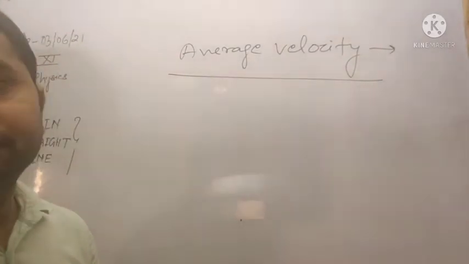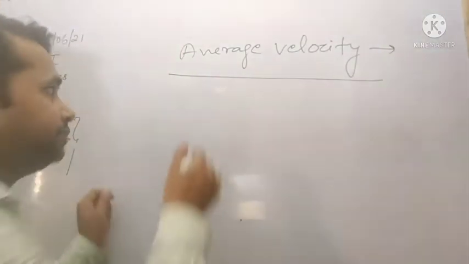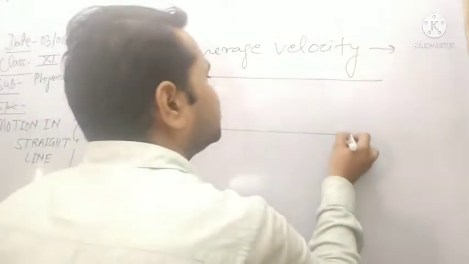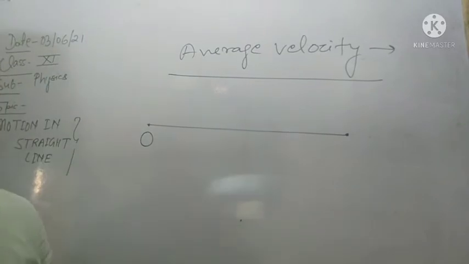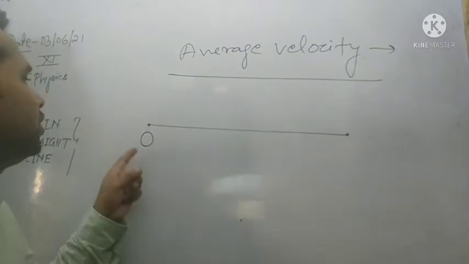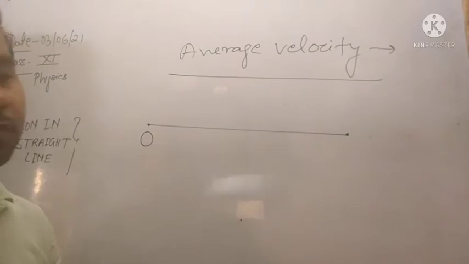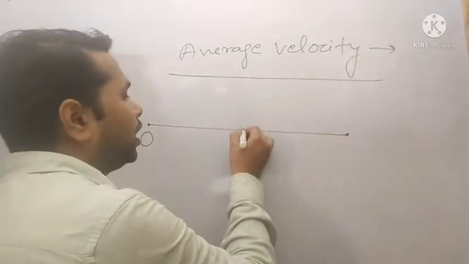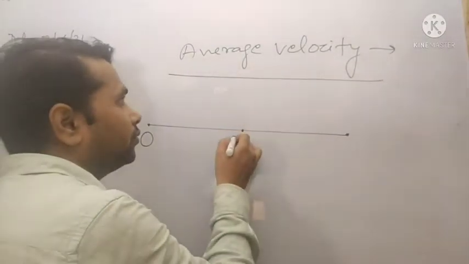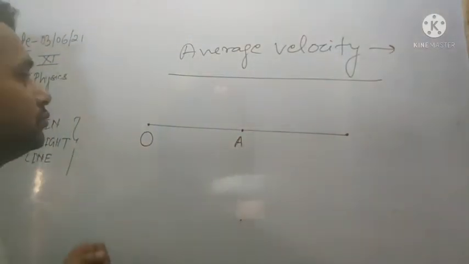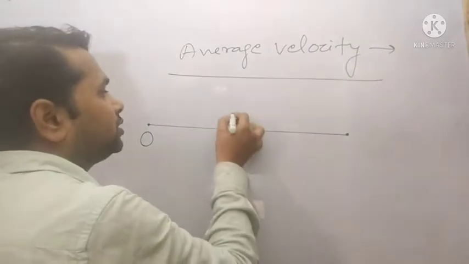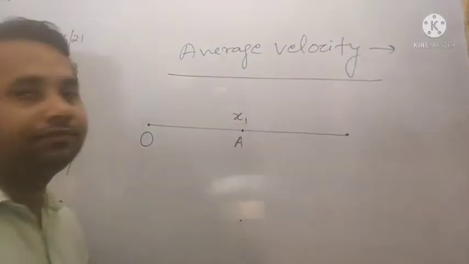Suppose the body starts its motion from this point O, and at point A its position is x1.